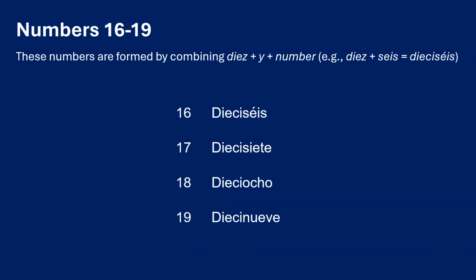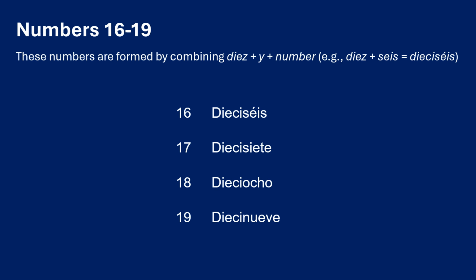The numbers 16 through 19 are a bit more regular than the preceding 5 numbers, 11 through 15. They are 16, 17, 18, and 19.